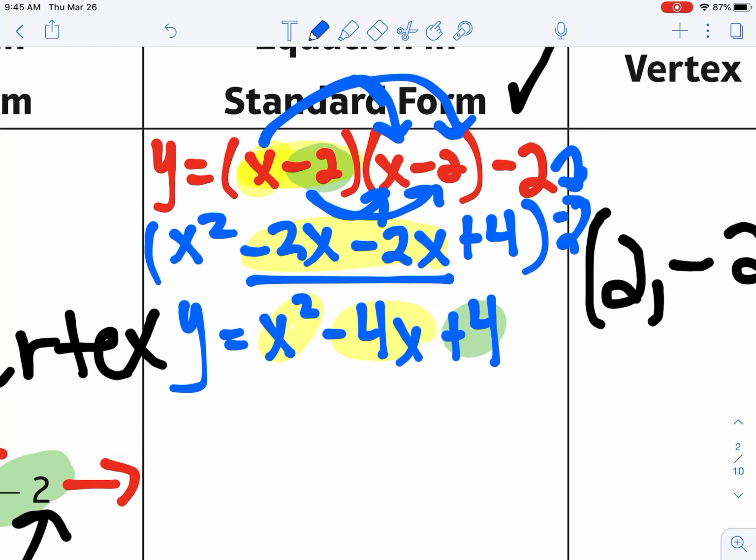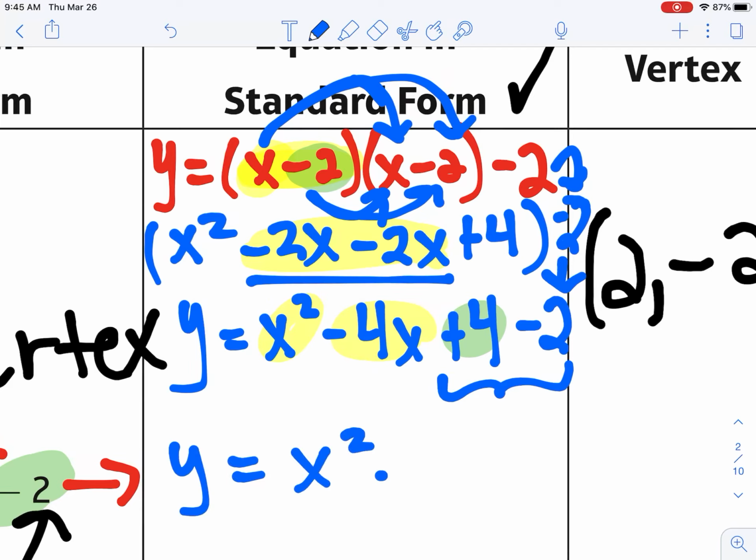All right. So with that, we're going to bring down the negative 2. And then we combine like terms. And we get y equals x squared minus 4x, 4 minus 2 is a positive 2.